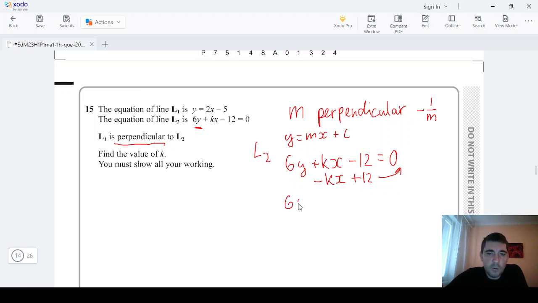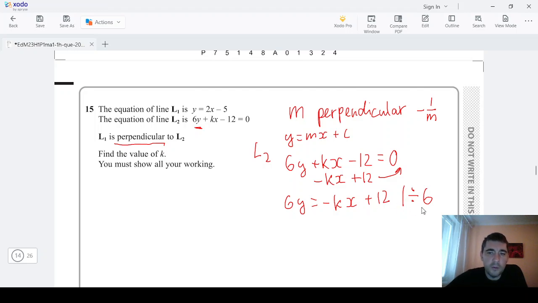So our 6y will be equal to negative kx plus 12. Now we can see that y is multiplied by 6. So to isolate y completely, we need to divide both sides by the multiplier of y.